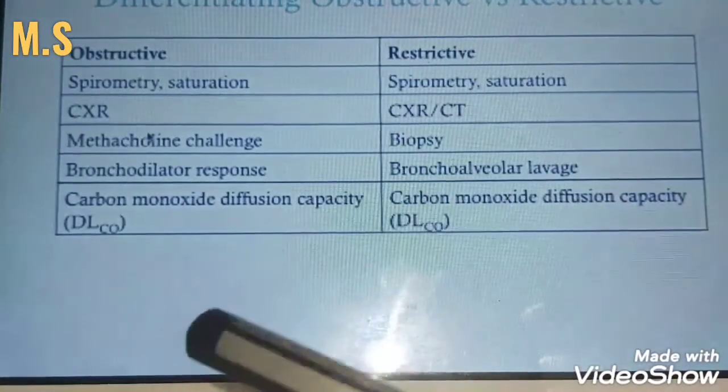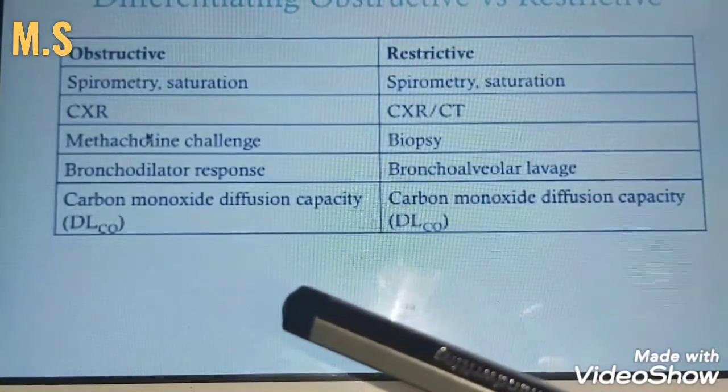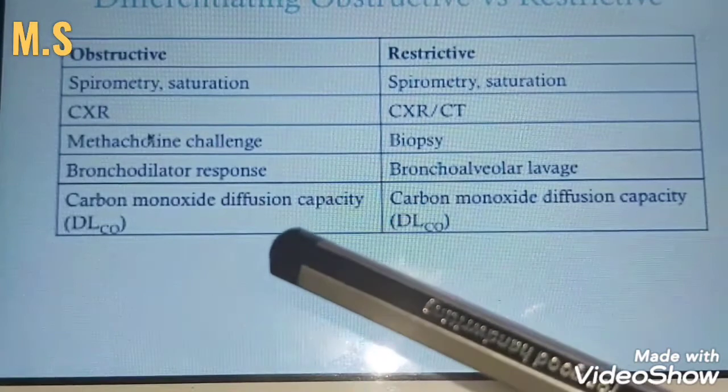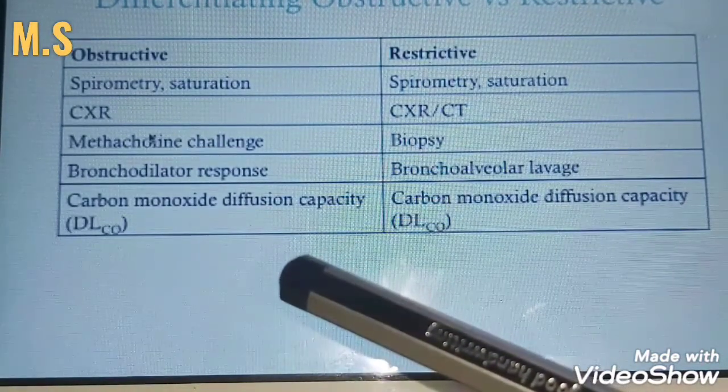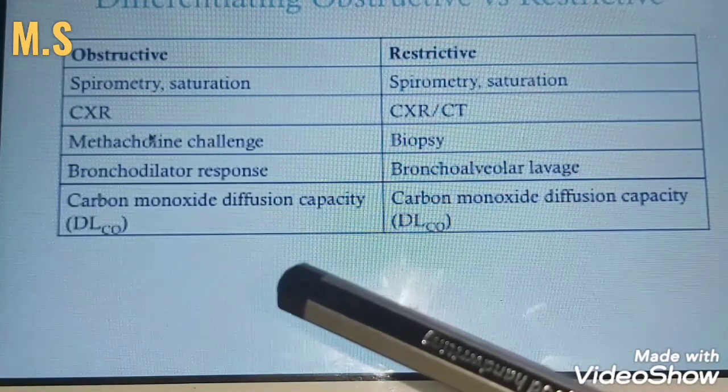The last one is carbon monoxide diffusion capacity. It is a test which detects the passage of air from the lungs to the red blood cells.